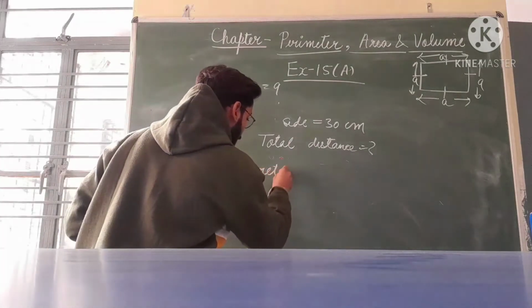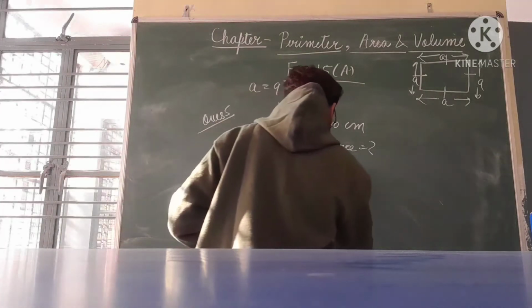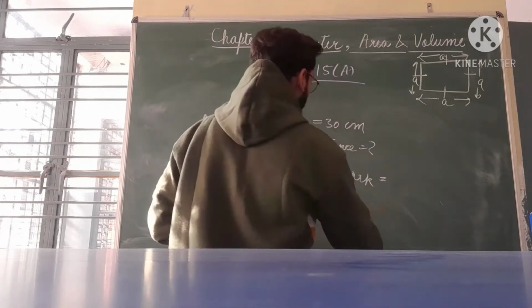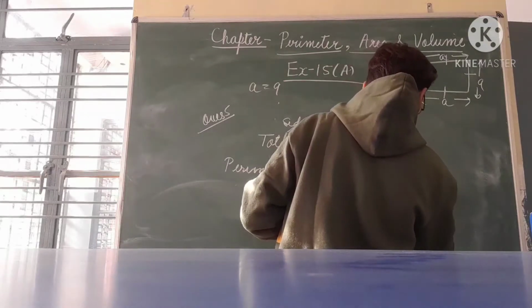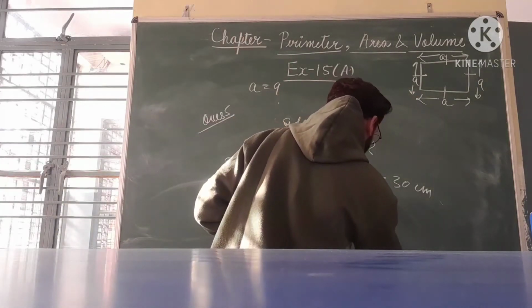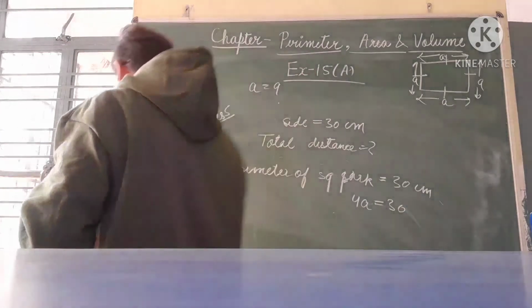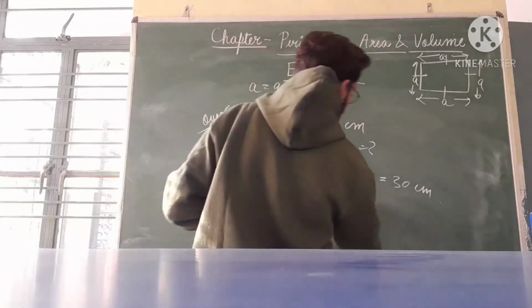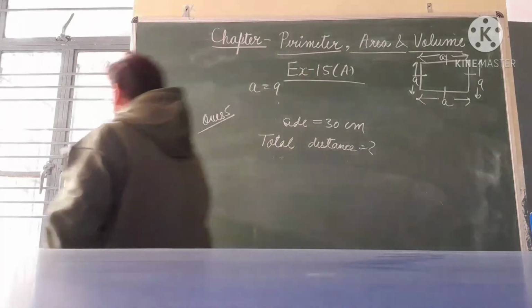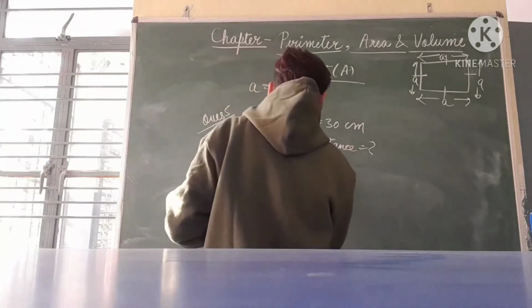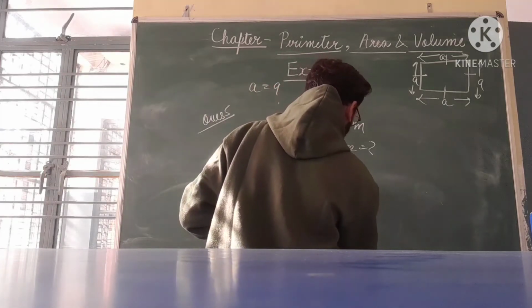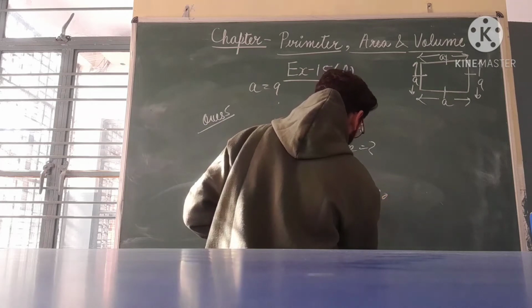The side of the square park is 30 centimeters, so the perimeter is 4a, which is 4 into 30, that is 120.